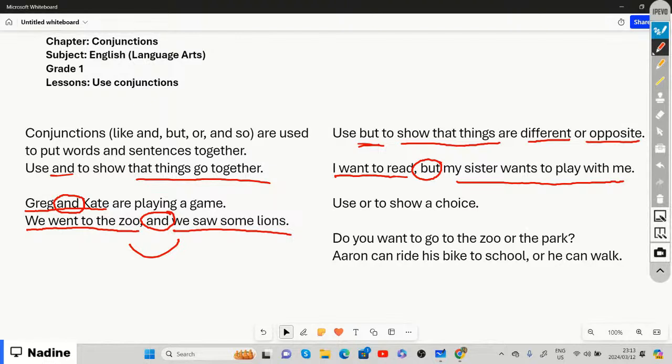So, but really shows the opposite, or it shows that things are different. Meaning, these two sisters want different things. One wants to read, the other one wants to play.